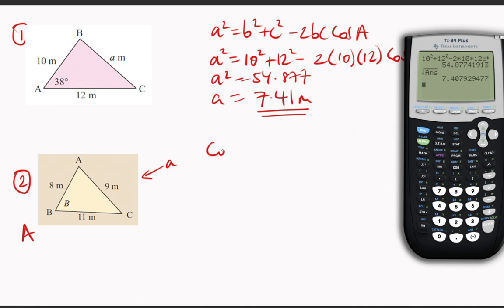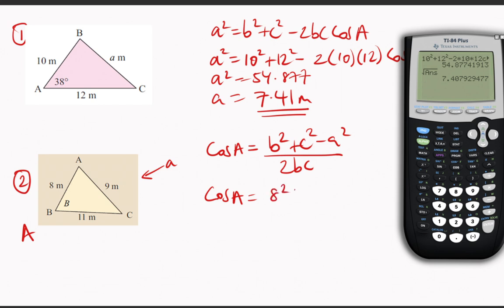So the formula that we did before was cos A equals B squared plus C squared minus A squared all over 2BC. So we're just going to put this into it. The B and C don't matter. So we've got 8 squared plus 11 squared minus the A squared. It's important that the A has to be the 9.